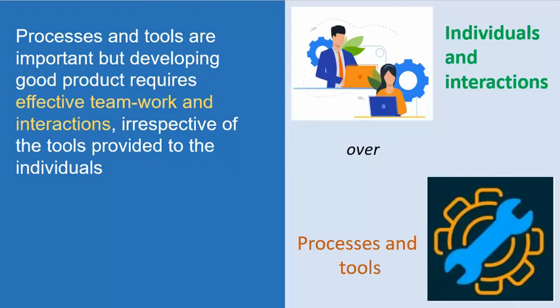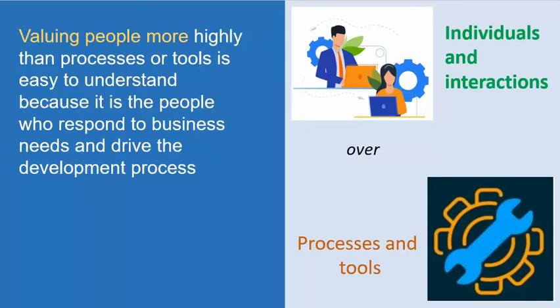So while we have some focus on processes and tools, individuals and interactions take priority. We value people more highly than processes or tools. It's easy to understand because it is people who respond to business needs and drive the development process.